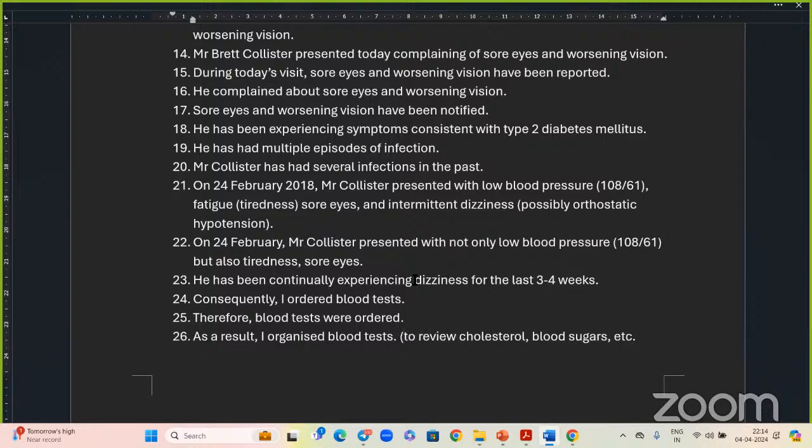I'm putting brackets. Afterwards, whatever you want to write, you can write there. To review cholesterol and blood. I ordered relevant blood tests.